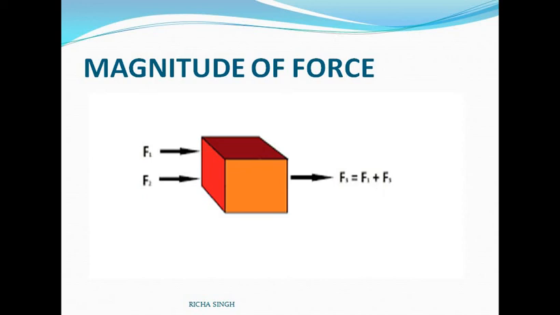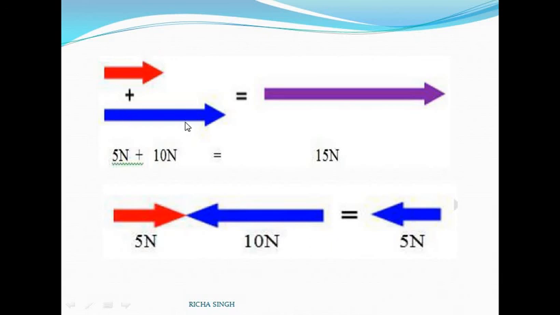Let me explain you in detail. For example, two forces are applied. One force is of 5 Newton and another is of 10 Newton. And if they both are in same direction, then the resultant force becomes 15 Newton. Why? Because the forces have been added as they were acting in the same direction.